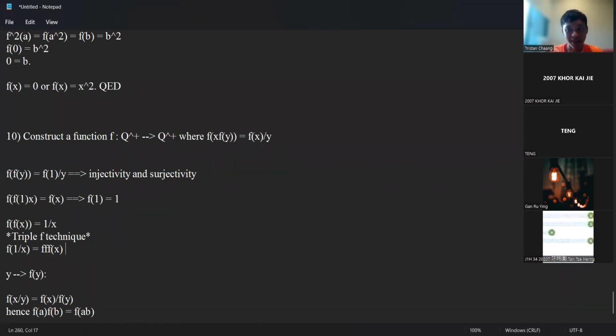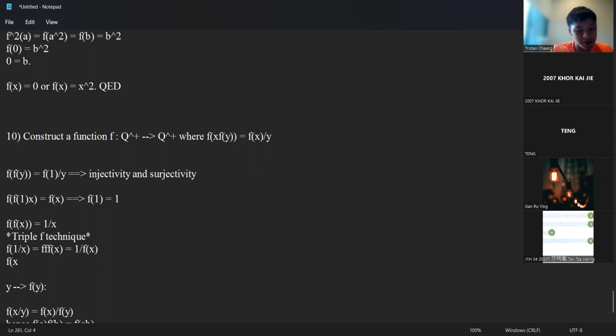You apply f outside, and then you apply the f inside. So that will be 1 over f(x). One, I apply the substitution x becomes f(x), and the other I just directly apply f on the outside. It's called the triple F technique because you involve three f's and then you look at it from the first two or the last two.